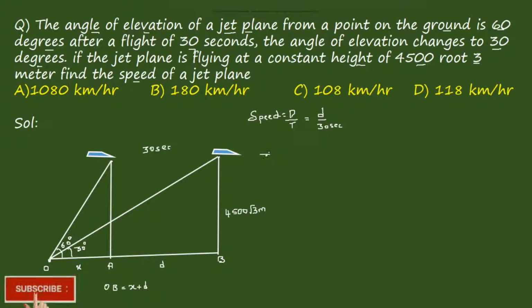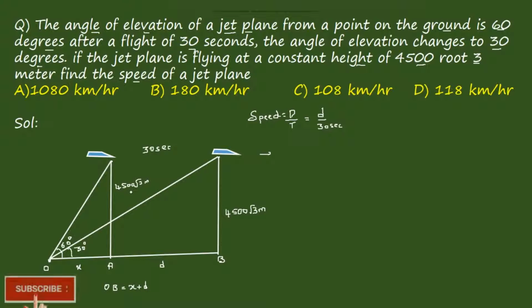If you consider the 60 degrees, it is forming a trigonometric ratio: perpendicular by base. Here the perpendicular is 4500 root 3 meters only, just like in a rectangle.